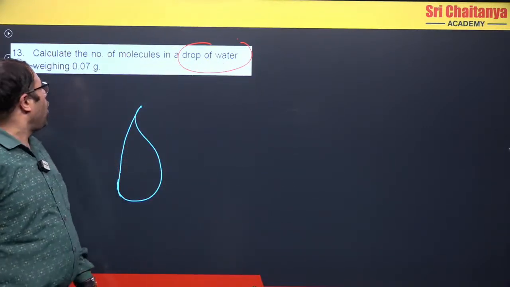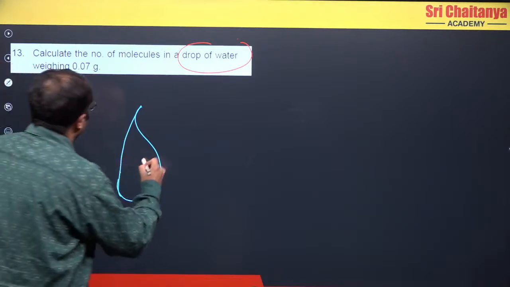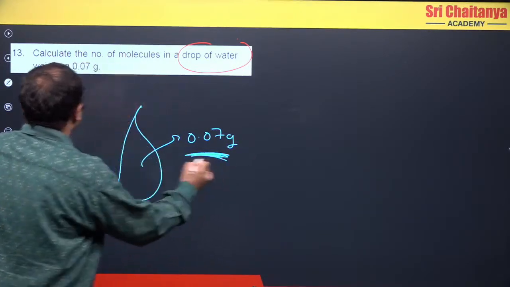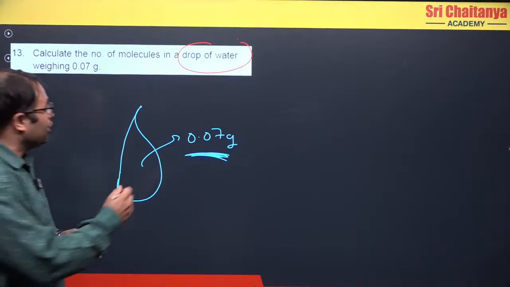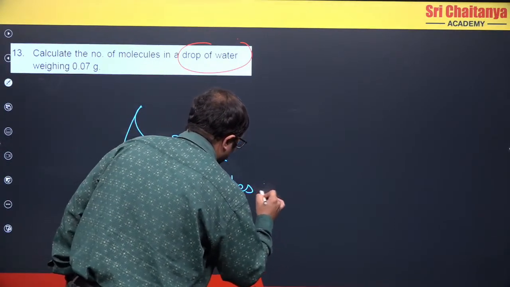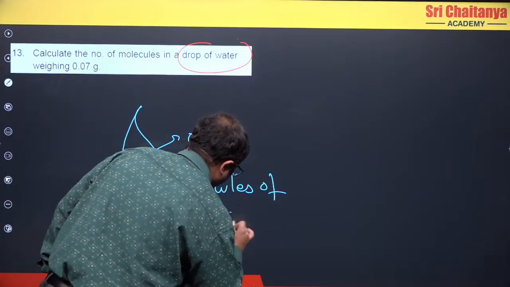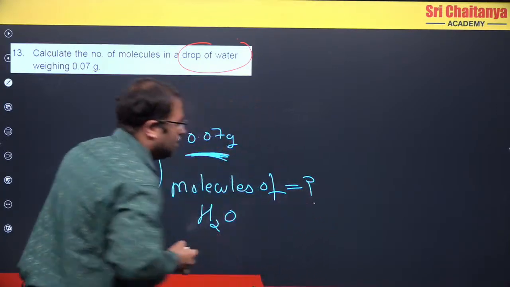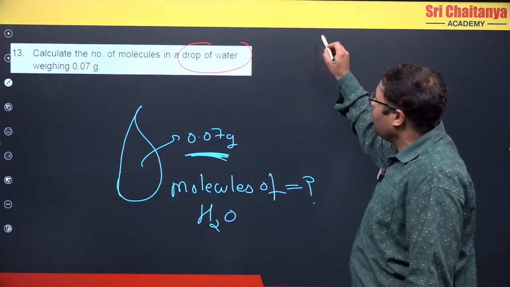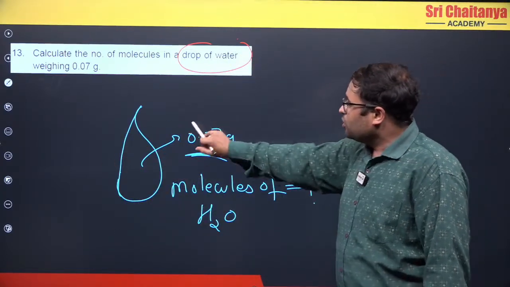Now in that drop of water, the weight of that drop is 0.07 grams. So how many molecules of water are present in this? See, we never think that it can be related like this. Yes, this is the power of the mole concept. So this is the mass.